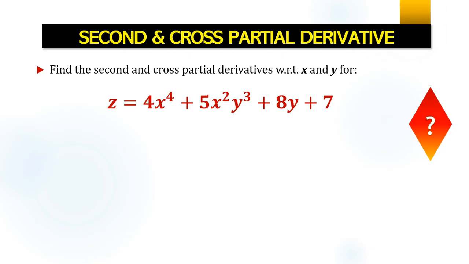To illustrate how the cross partial derivative is computed, let's solve the following example, in which we need to compute the second and also the cross partial derivatives with respect to x and y.